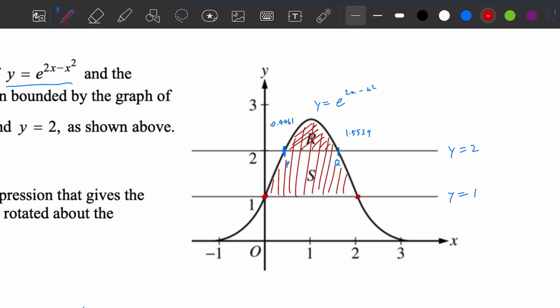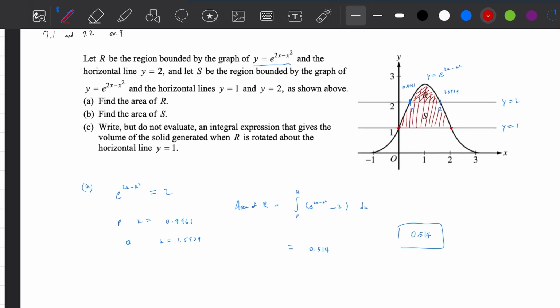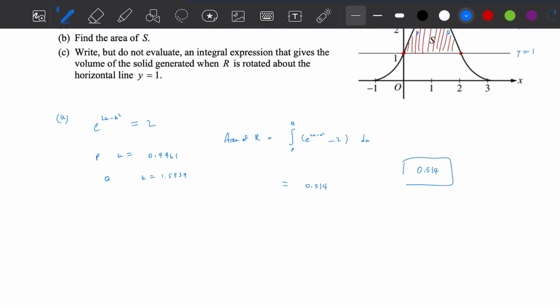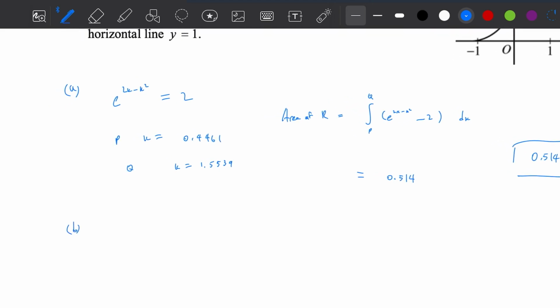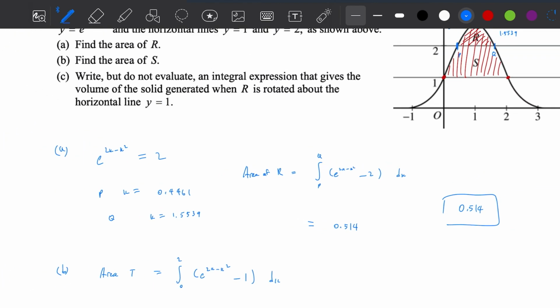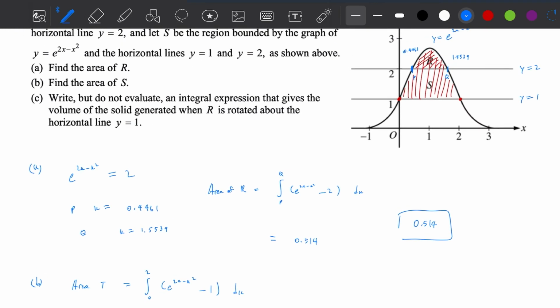To find the area of the total, we can set up the equation by saying area T for total equals the integral from 0 to 2 of e to the power of 2x minus x squared minus 1 dx. This gives us the total area, and with the total area we can simply subtract R to find the S area.